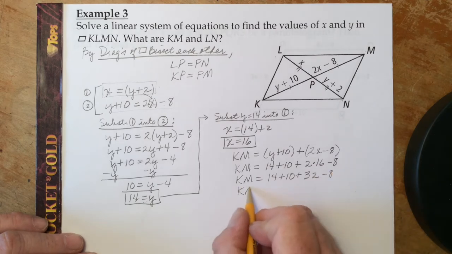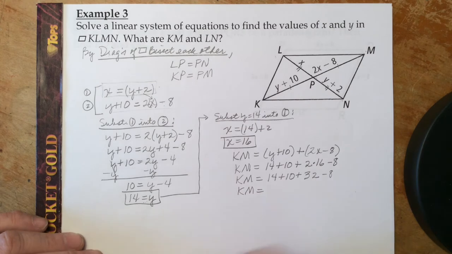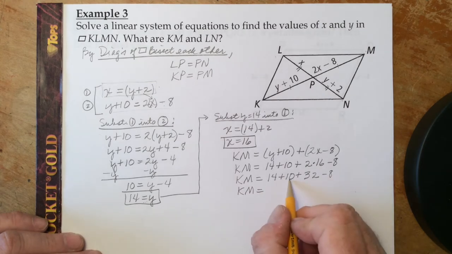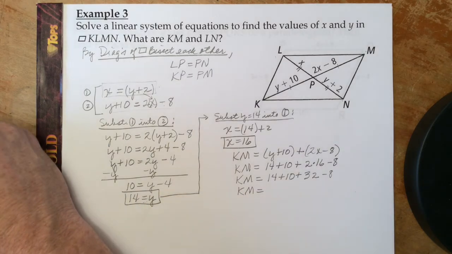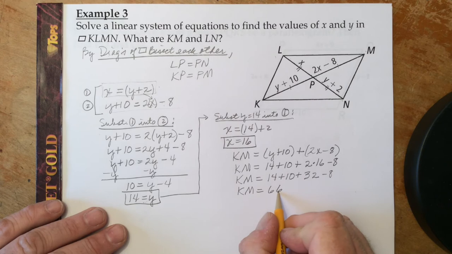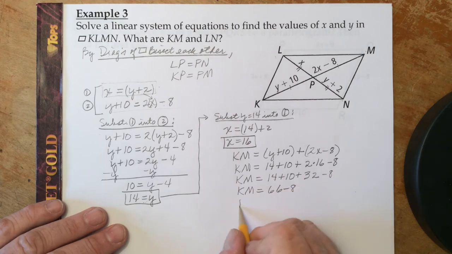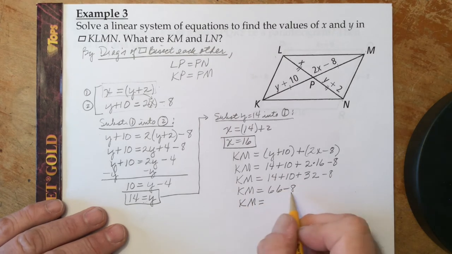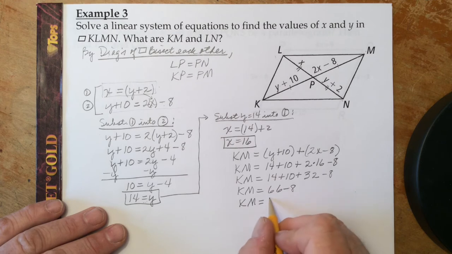We add and subtract from left to right. 14 plus 10 is 24, and 24 plus 32 is 56, minus 8. So KM is 56 minus 8, which is 48.